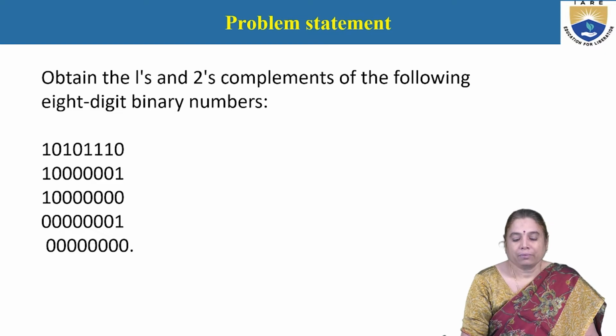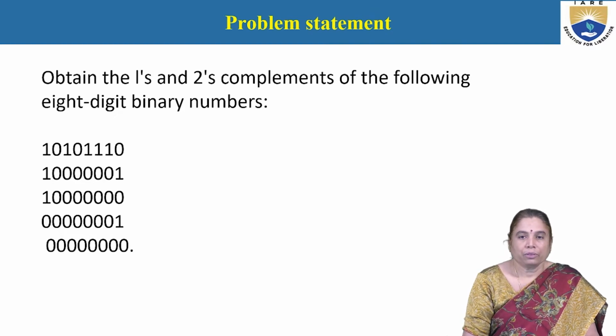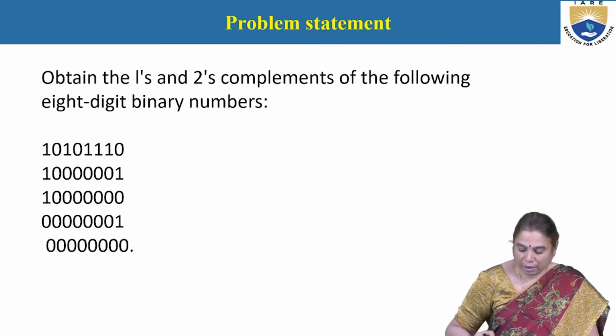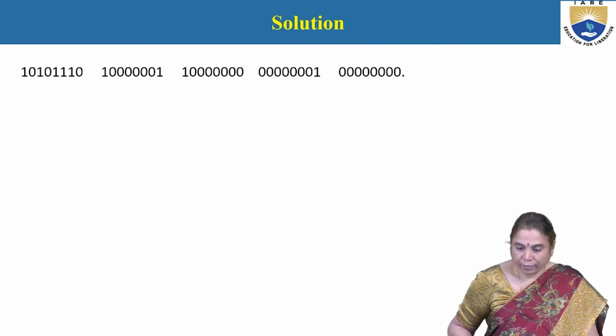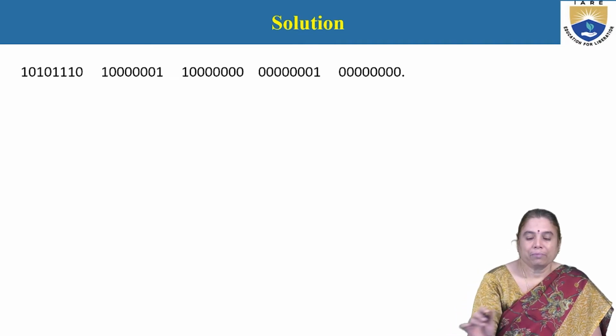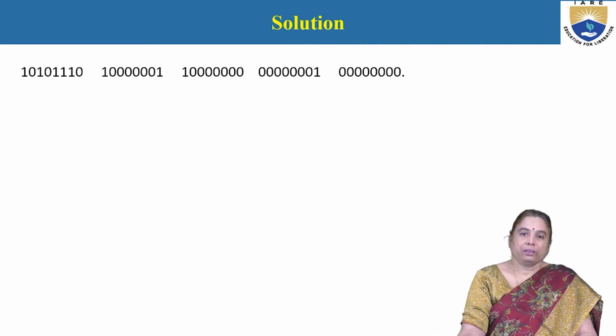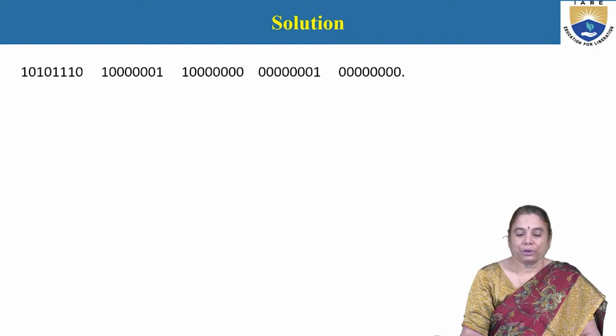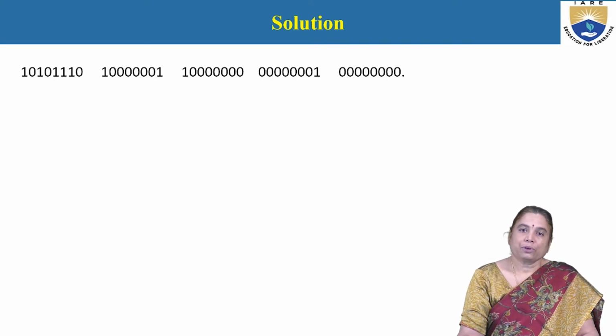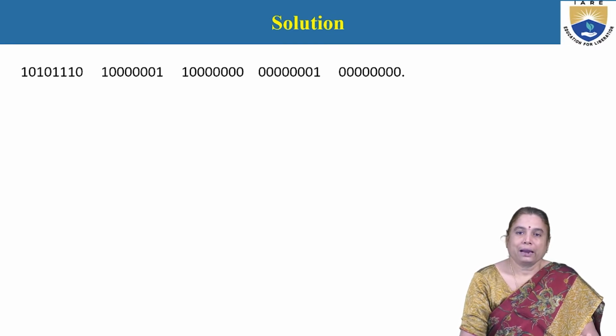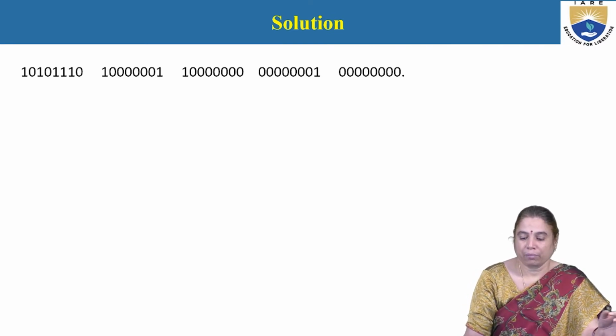Next, obtain the 1's and 2's complement of the following 8-digit binary numbers. The 1's complement can be obtained by interchanging 1 as 0 and 0 as 1. And the 2's complement can be obtained by adding a 1 value to the 1's complement.